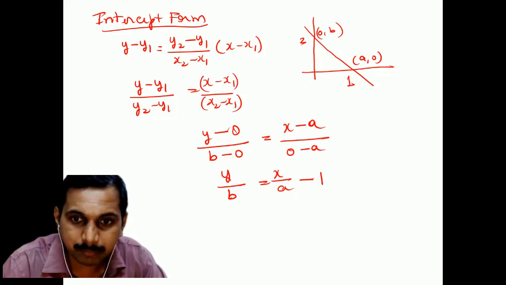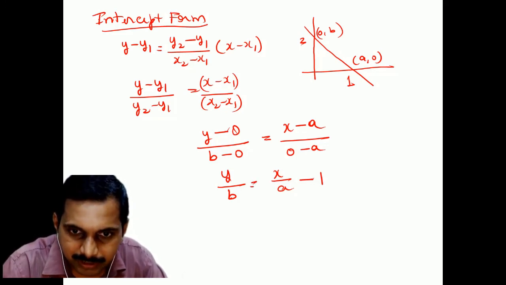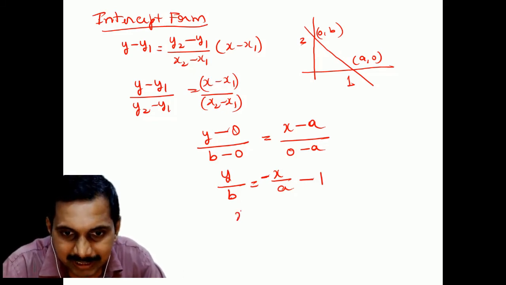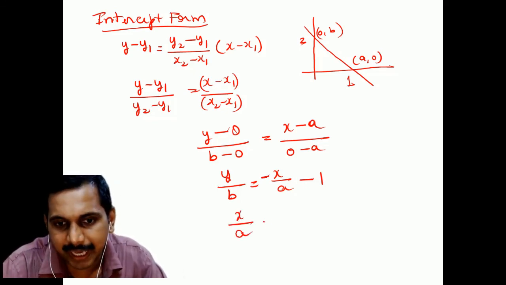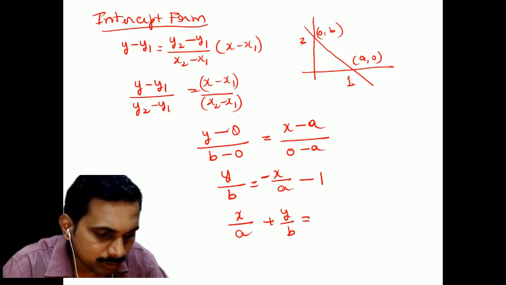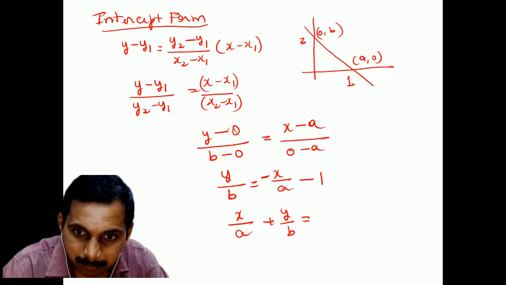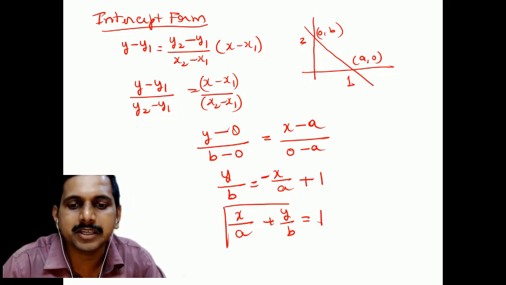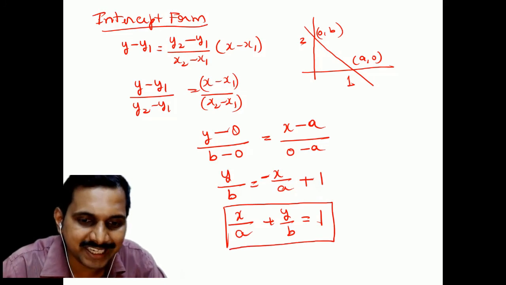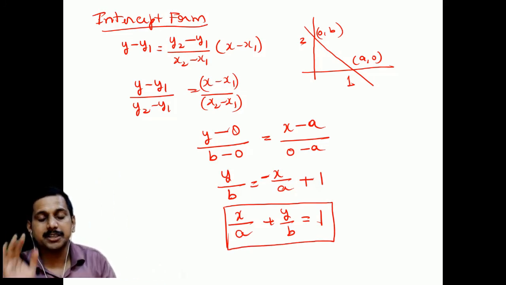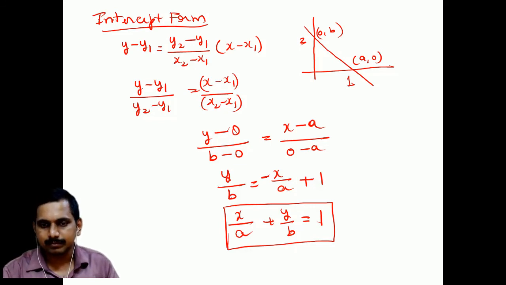Or I can have, sorry, minus x here, because this minus is there. That means my equation is x by a plus y by b is equal to plus 1. This is my intercept form. Is that clear, students? Easy. Not slope intercept, intercept form. Correct?